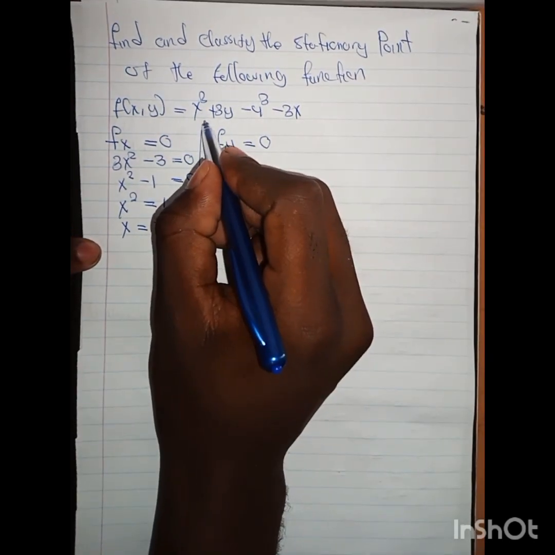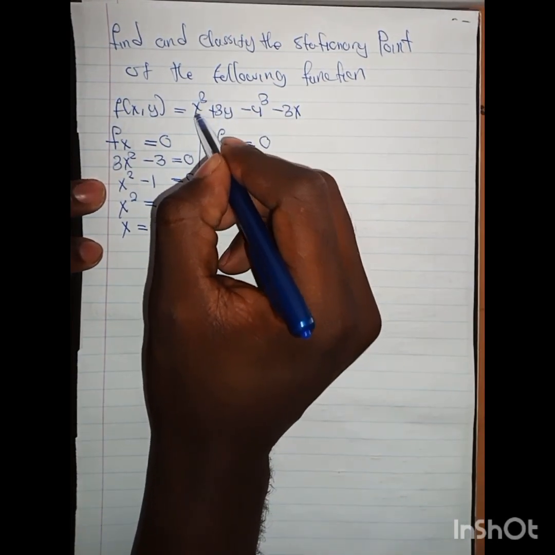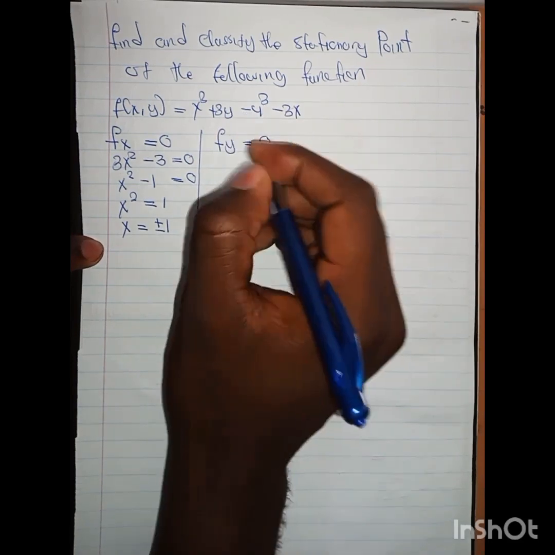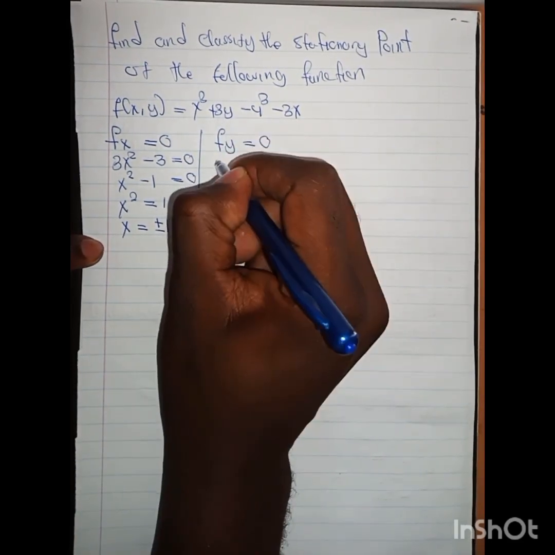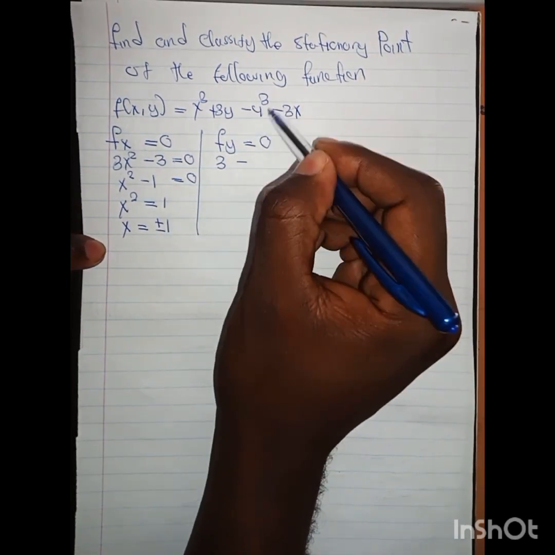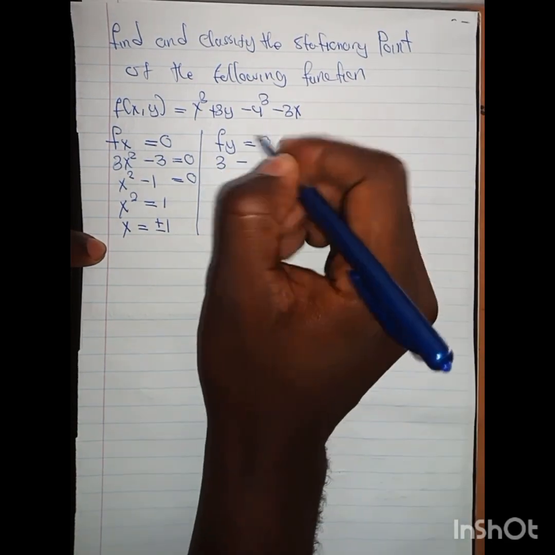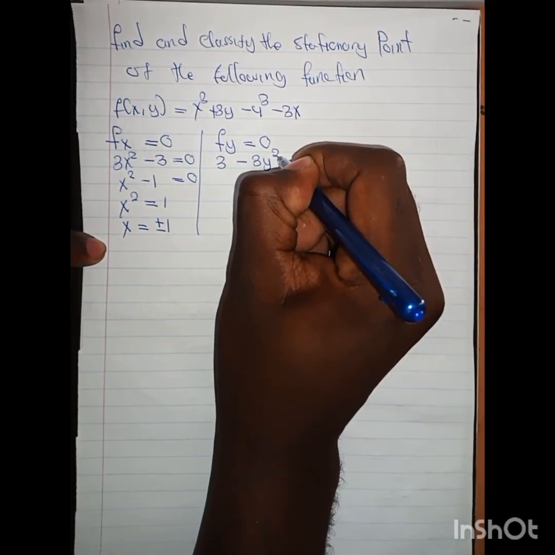So I'm going to differentiate this function with respect to y this time around. The derivative of x cubed with respect to y is a 0. Then the derivative of 3y with respect to y is a 3, minus the derivative of y cubed, so this is minus 3y squared.